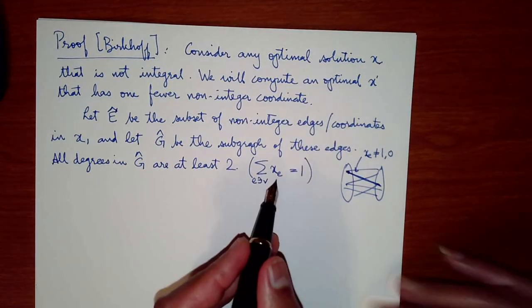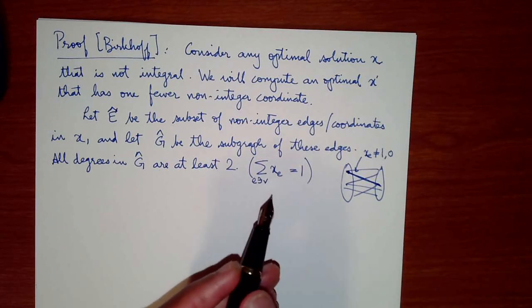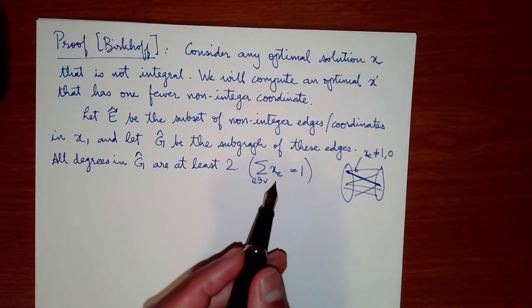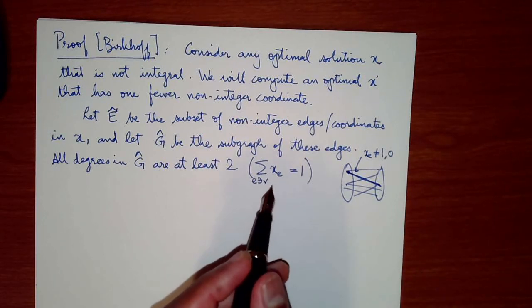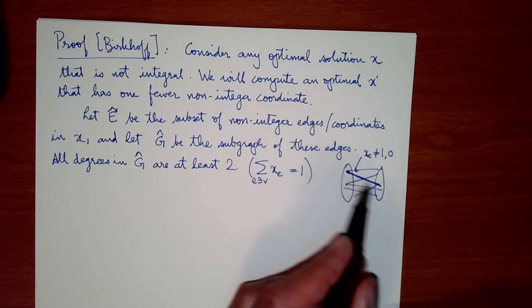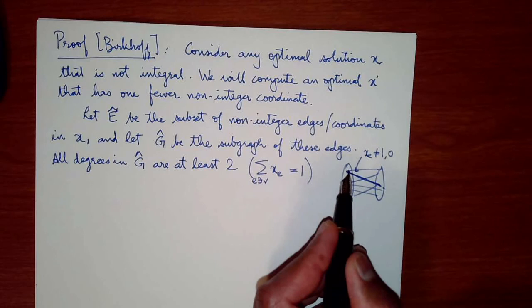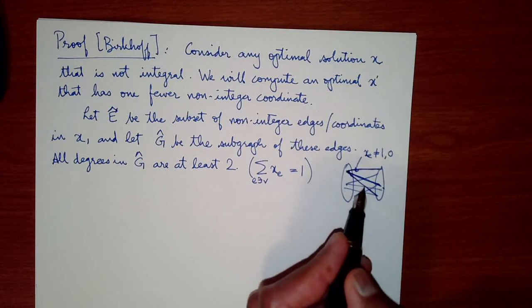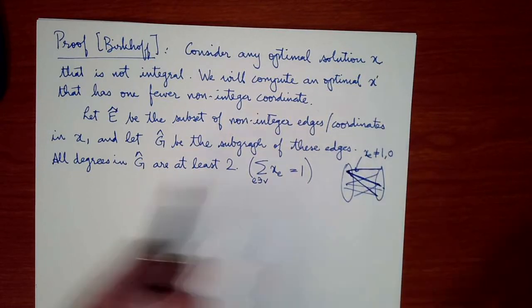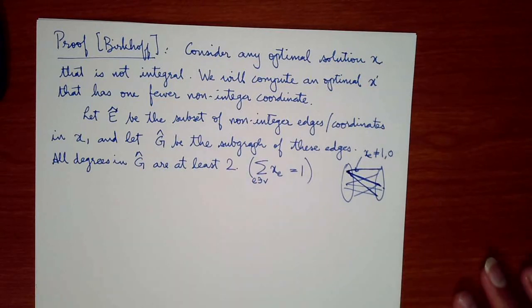So if one of the xe's is not an integer, there has to be another xe that is also not an integer. So all degrees are at least 2.